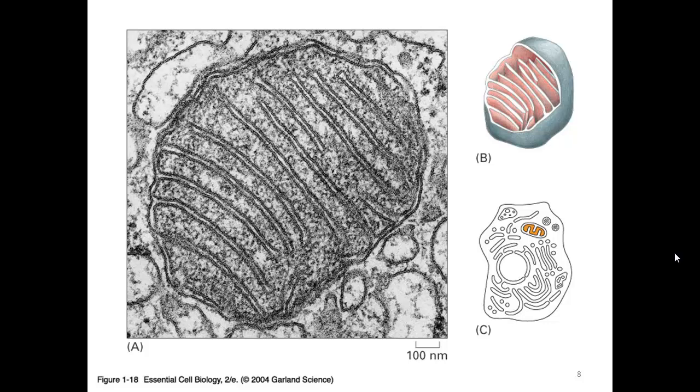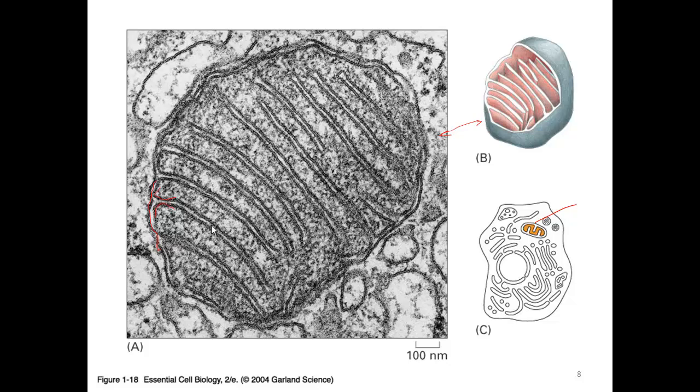Here's an electron micrograph of a mitochondrion. I'll start by pointing out in the figure here we have the double membrane structure with an outer mitochondrial membrane and an inner mitochondrial membrane enclosing the gold space. Here is a figure which is intended to correlate quite closely with the electron micrograph, and the main thing to notice from the original cartoon is that the outer mitochondrial membrane and the inner mitochondrial membrane are very close.